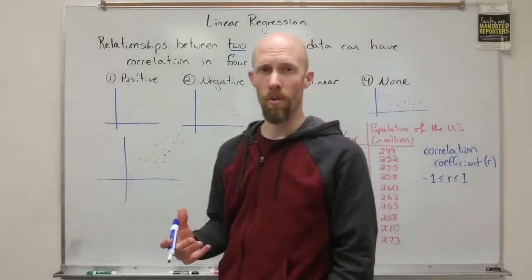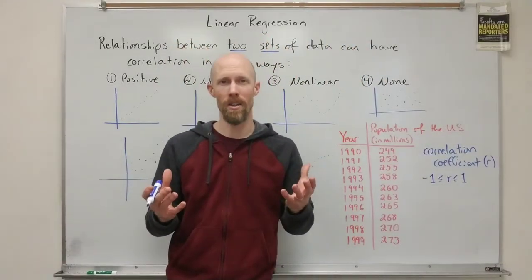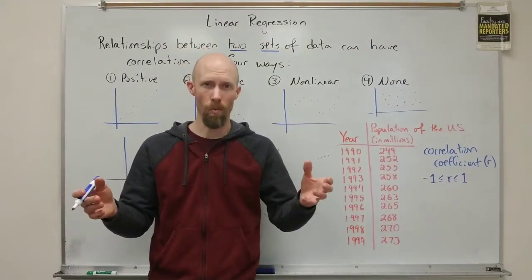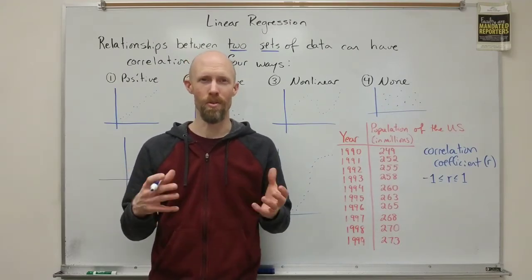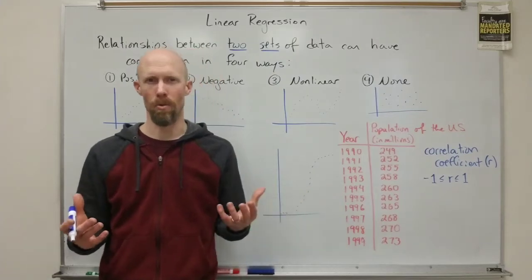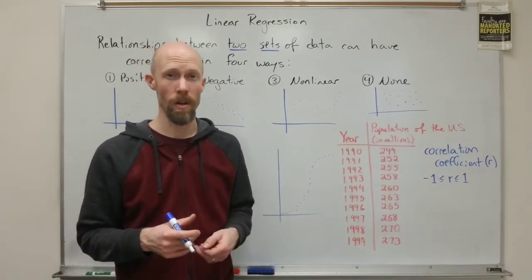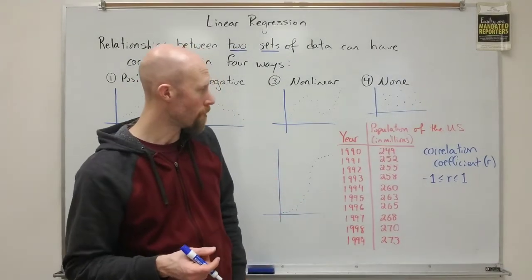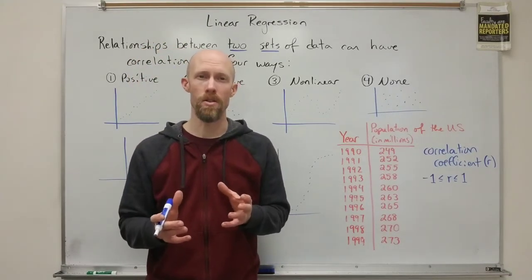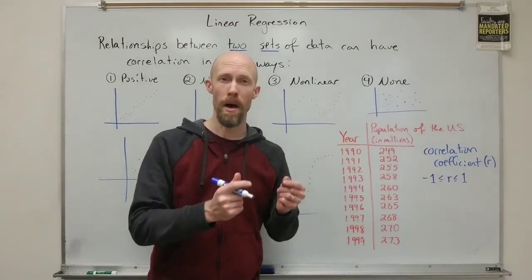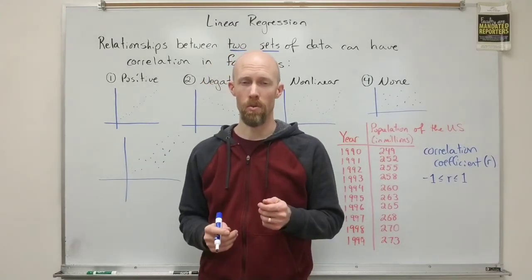So the correlation coefficient is any decimal value between -1 and 1, 0.95 for instance, or 0.12. Those are possible correlation coefficients, positive or negative, or 0 even. And the closer that value is to 1, the better a positive correlation you will have.